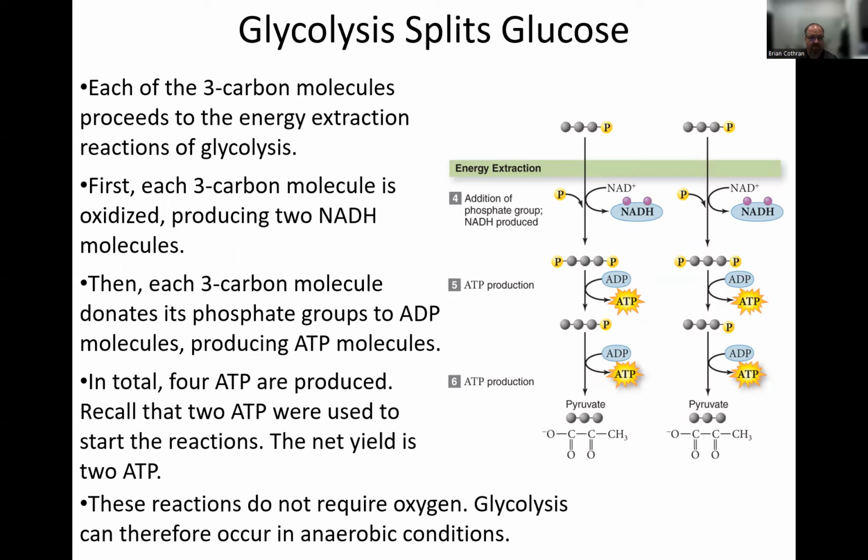Okay, oxidation means that it's losing electrons, so electrons are spent. Then each 3 carbon molecule donates its phosphate groups to ADP molecules, producing ATP molecules. And there's 1, 2, 3, 4 here. In total, 4 ATP were produced.